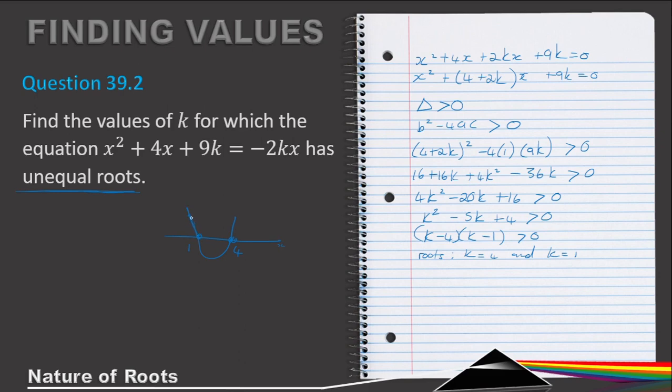Lying above means it's this part and this part, the part that lies at the top. So for the k values, or the x values, it's going this way and this way. Okay, so k lies here and here, meaning that k is less than 1 or k is greater than 4. And that's our answer.